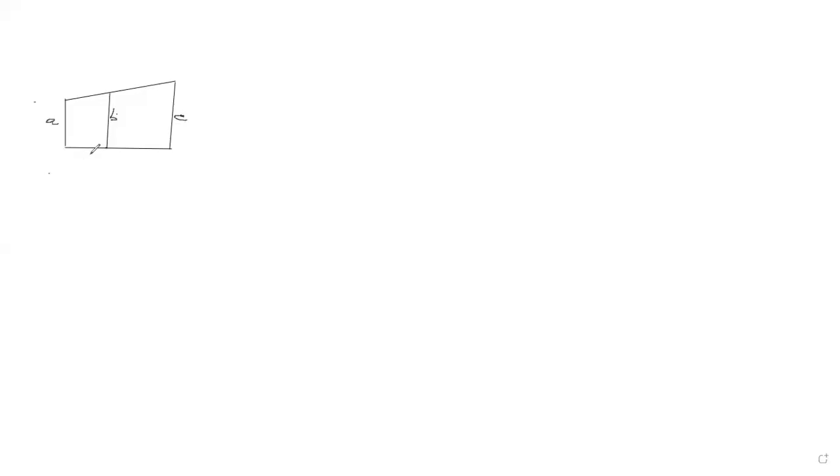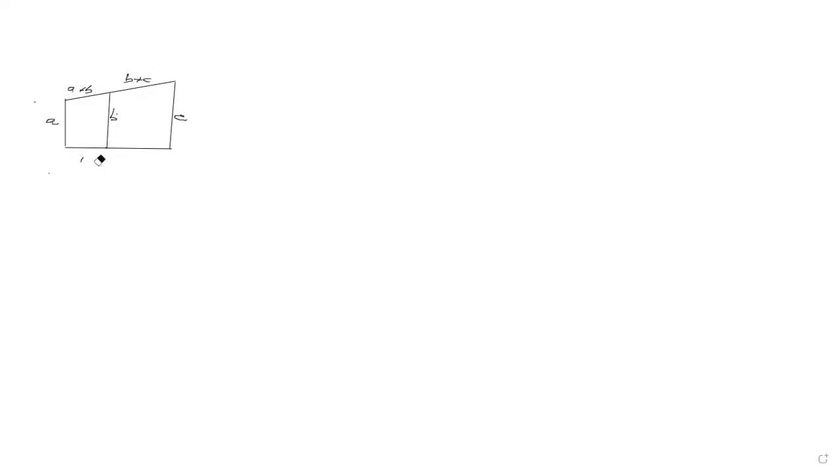And then we had that this was A plus B. And this was B plus C. Well, actually, we were joining the centers. Sorry, this was A plus B. And this was B plus C. Those are the centers that we were joining.